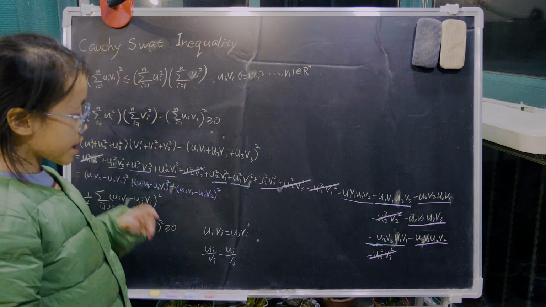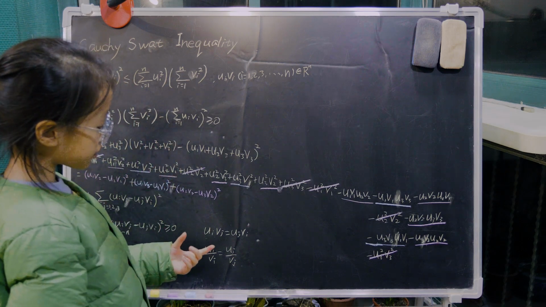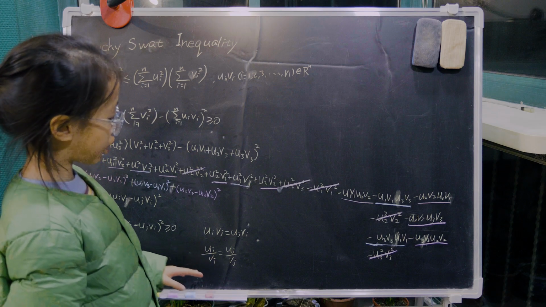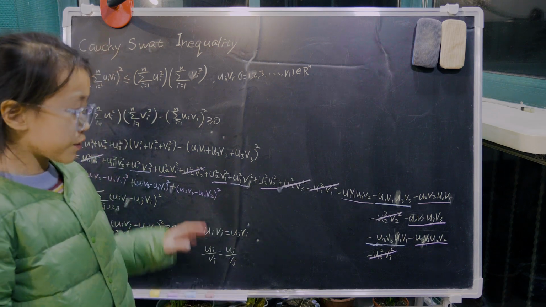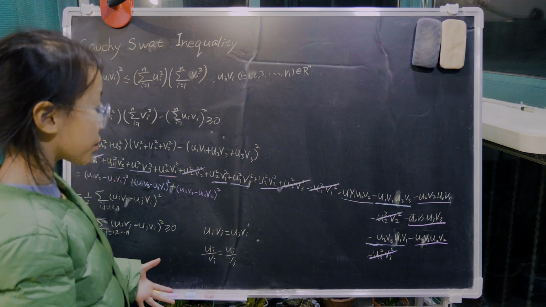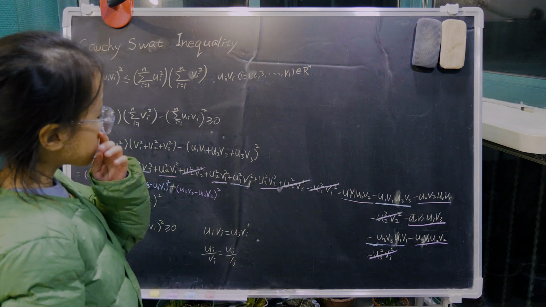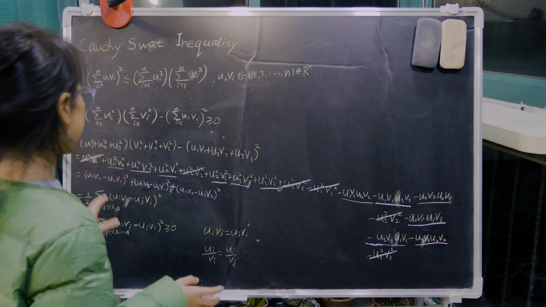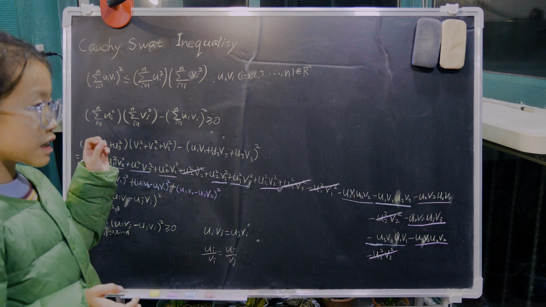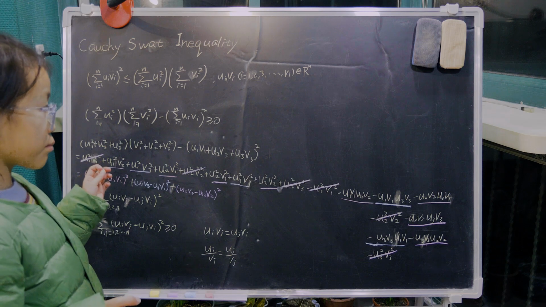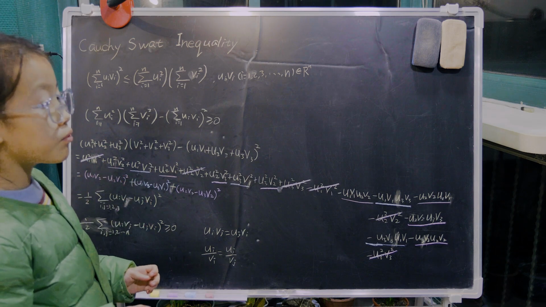Of course, right here you may have some problem. What if the denominator is equal to 0? Then it's undefined. Actually, it's fine, because from the last 3 videos we know this problem is a problem of vectors.